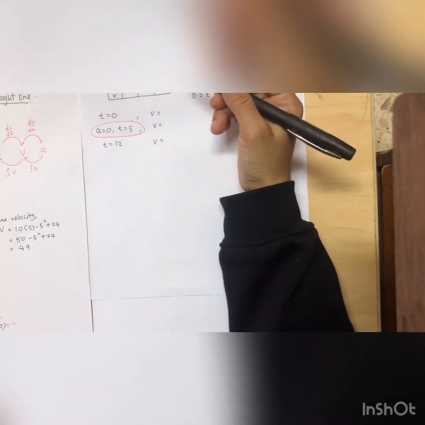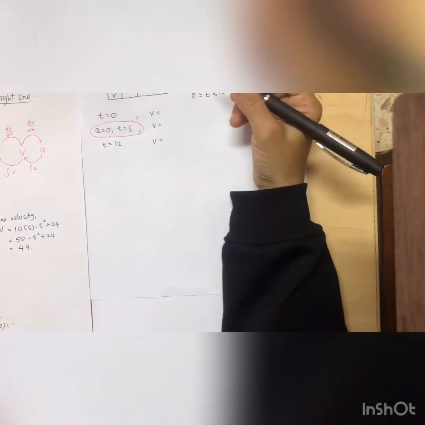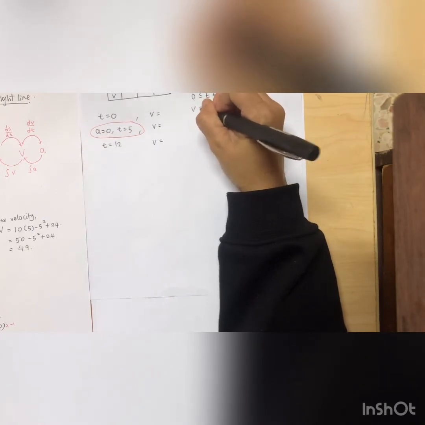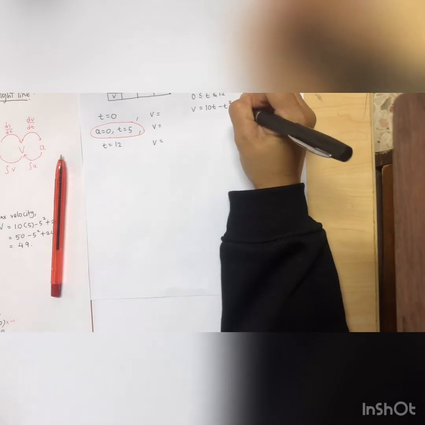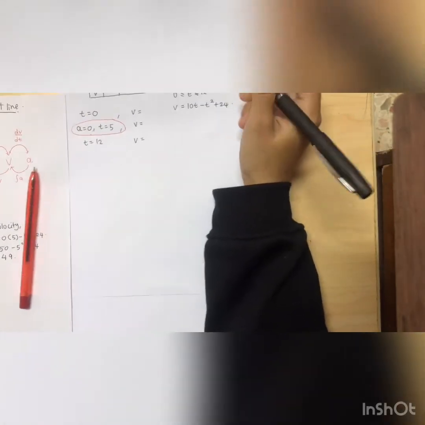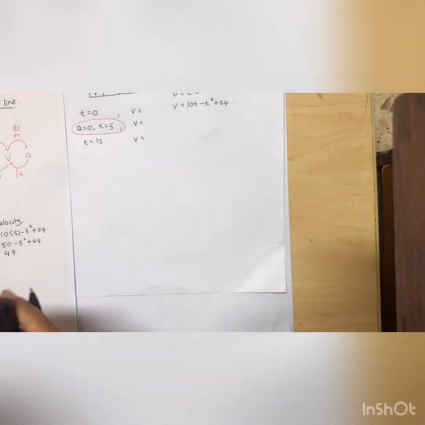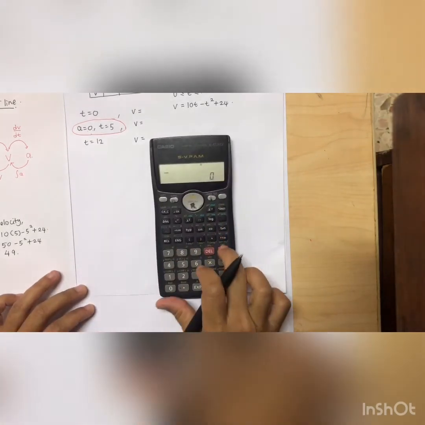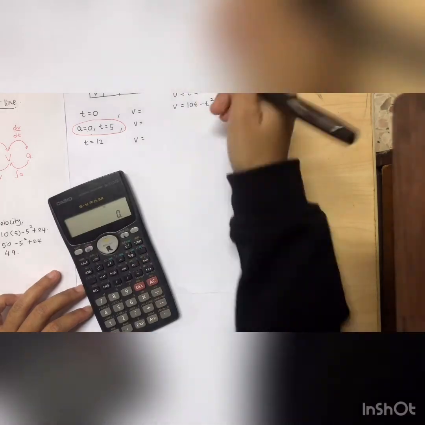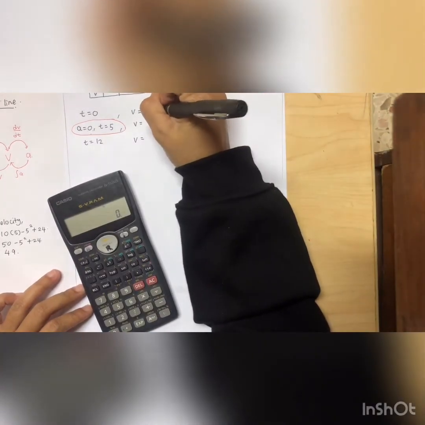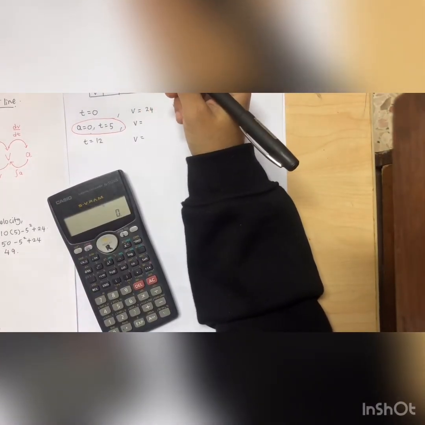Let's do this together. The equation of v just now is 10t minus t squared plus 24. So use your calculator and get v. When t equals 0, definitely v equals 24.